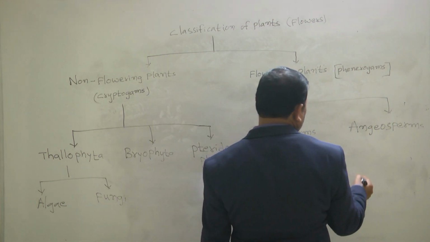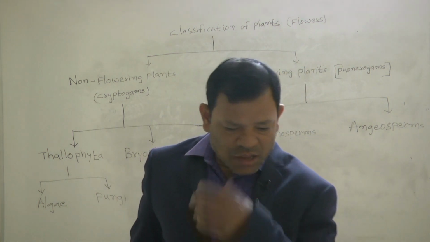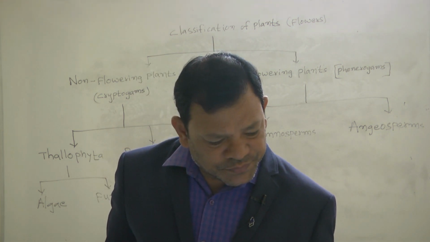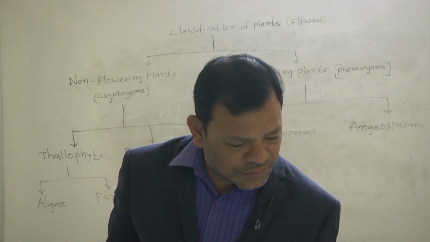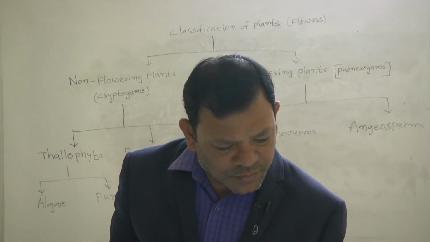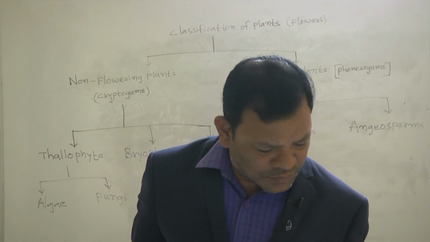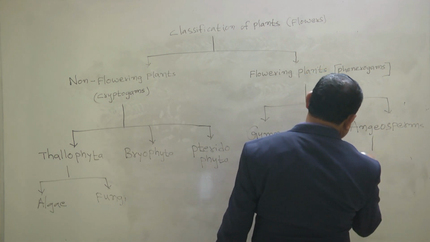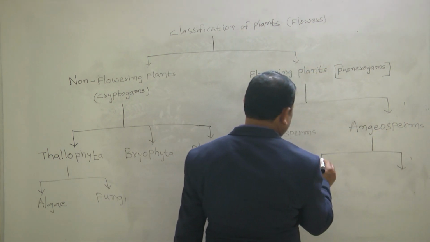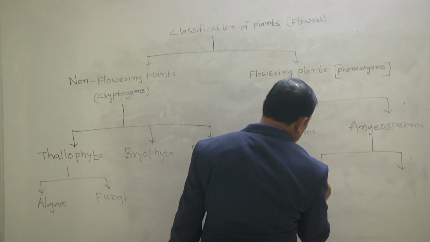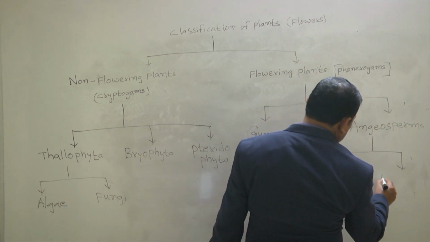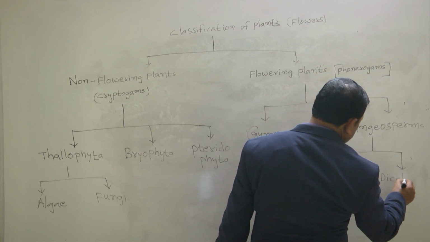These angiosperms are again classified into two types. One is the monocots and the other is dicotyledons.